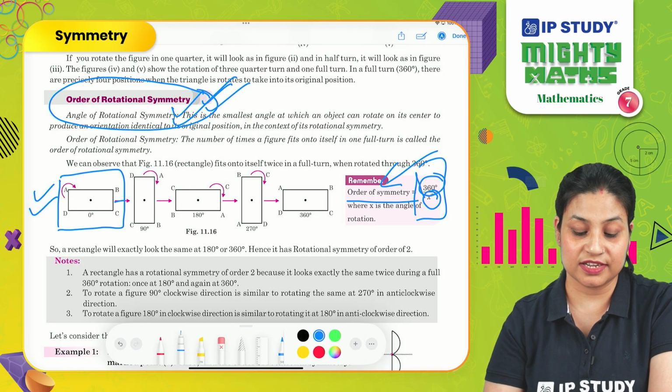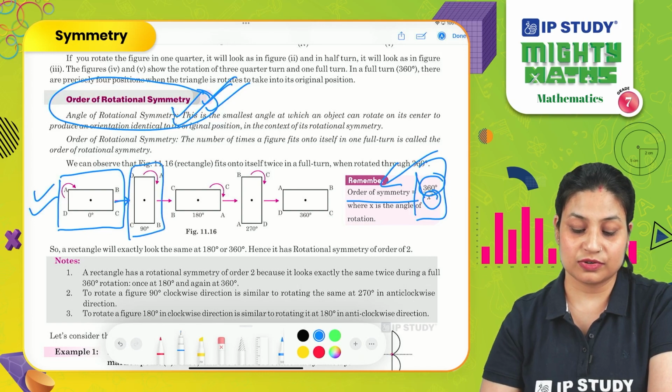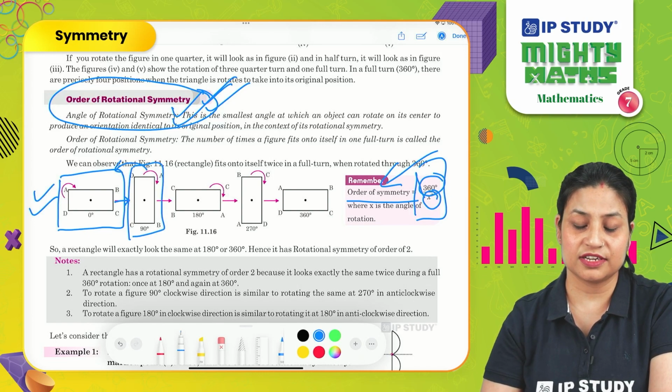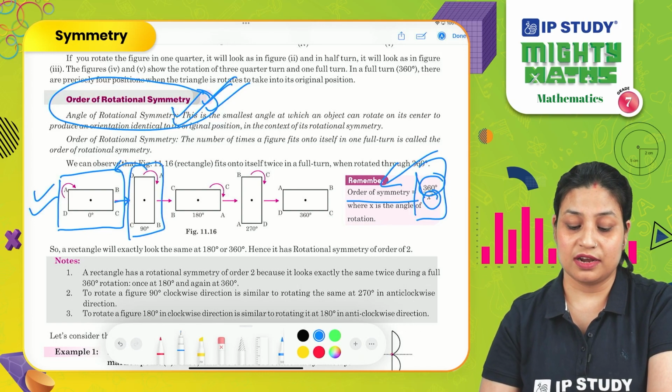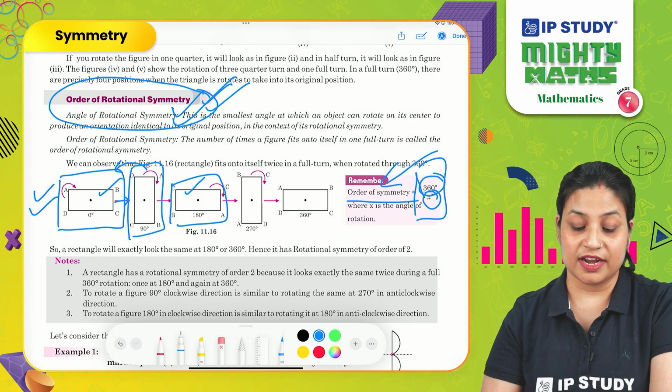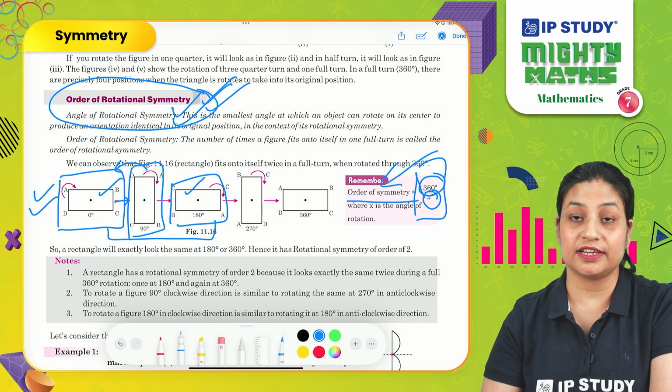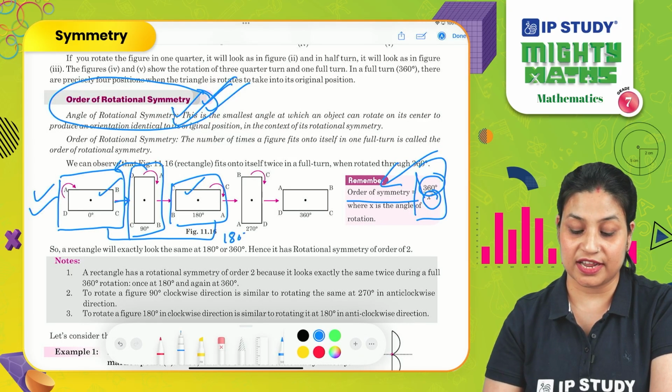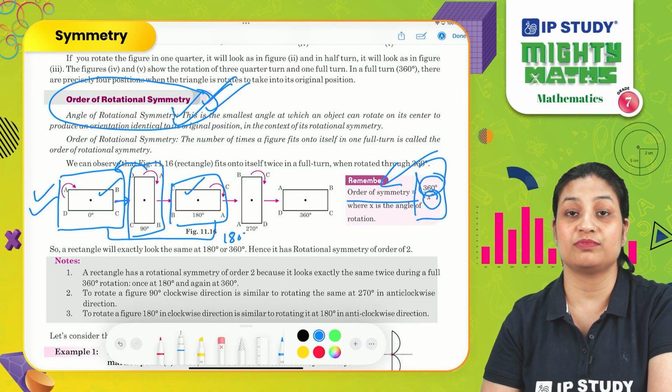When you rotate this rectangle by 90 degree, it will look like this. So it is not looking exactly like the shape I was having initially. Now again, this rectangle is rotated by 90 degree. So I can see now this is similar to this one, right? It means after 180 degree, I can see my rectangle back to its original position, right?